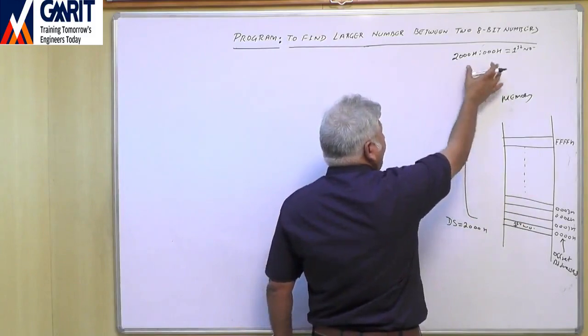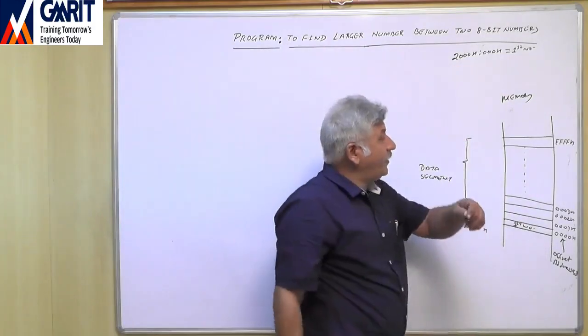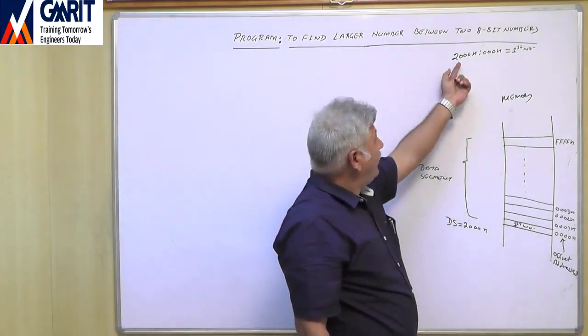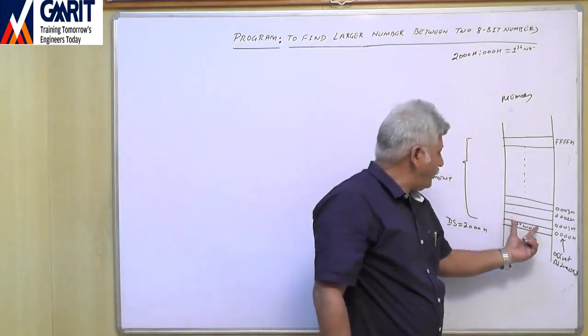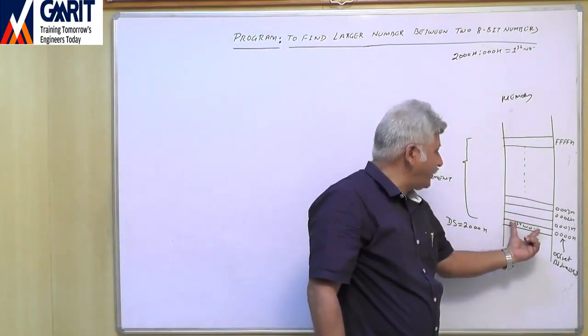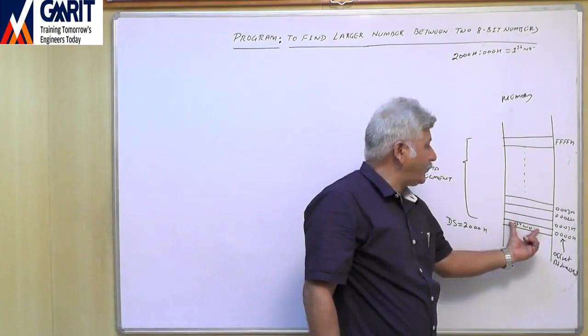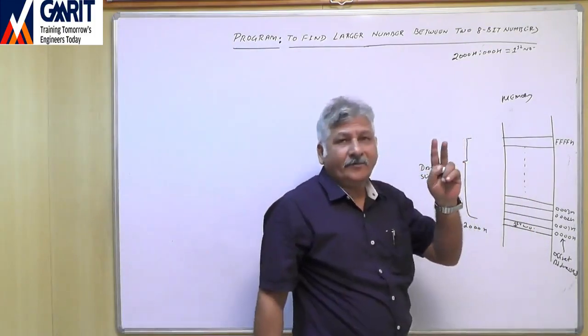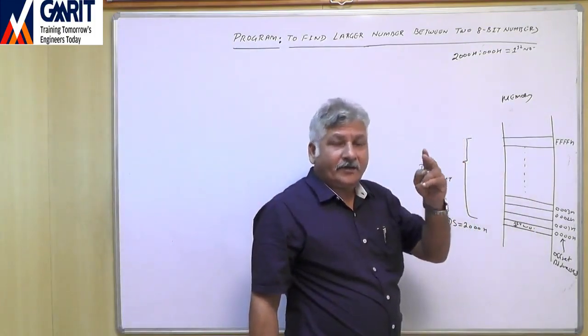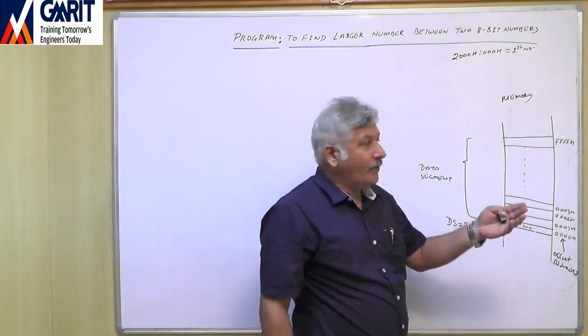Again I repeat, I already discussed, to find out the exact physical memory location of a particular place, we require two things: the data segment register value and the offset value.